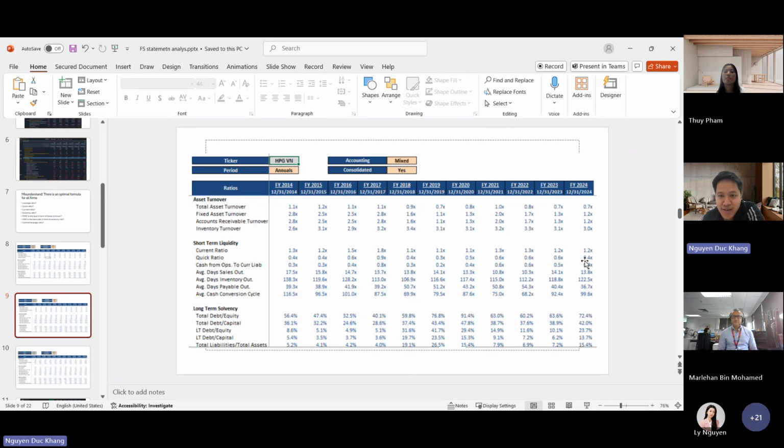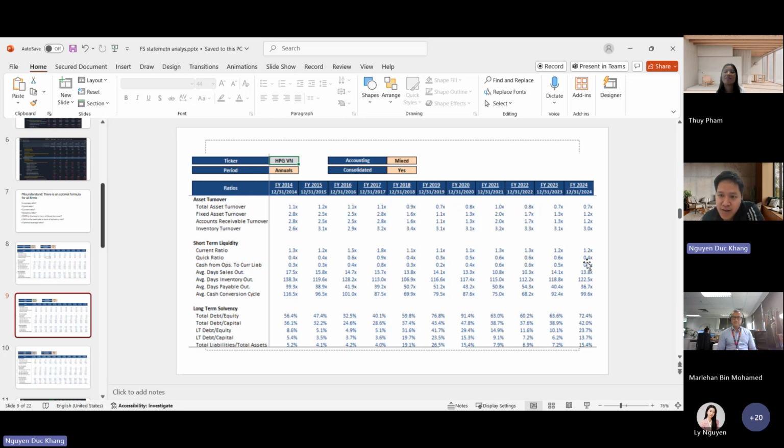Of course, if we look at them in the past, they used to be 0.5 or 0.6, and now they come down to 0.4. That is really a warning because their liquidity has dropped.